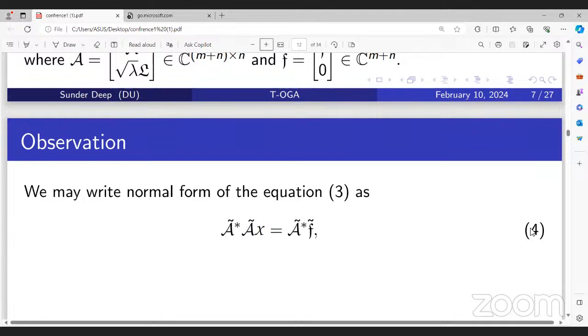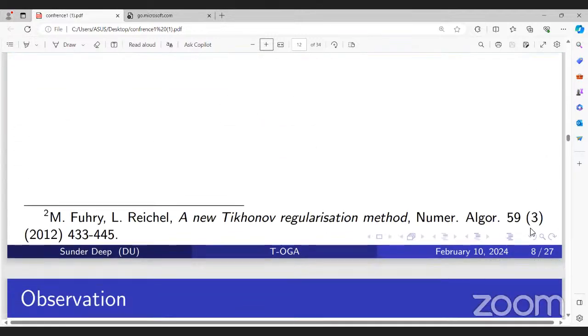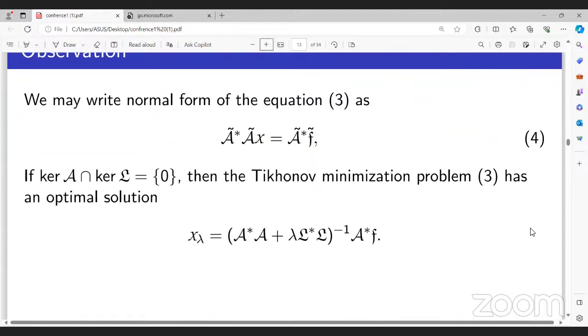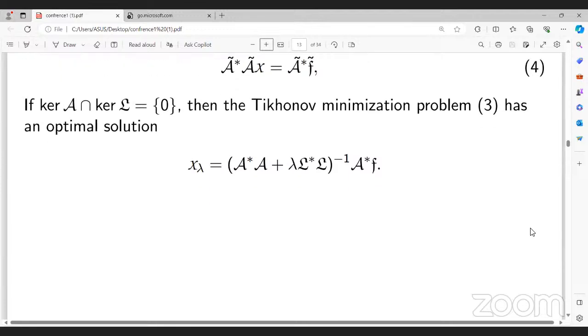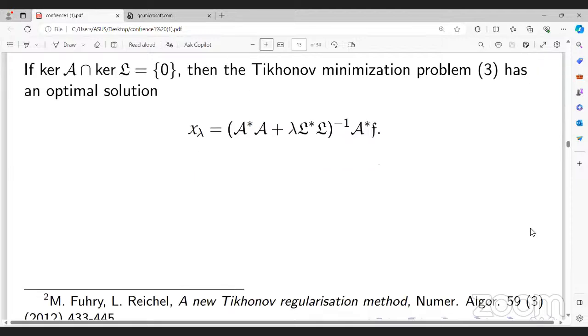So we may write the normal form of the above equation as A tilde star A tilde x equals A tilde star f tilde. If the kernel of A is disjoint from the kernel of L, then the Tikhonov minimization problem has an optimal solution x lambda, defined as x lambda equals the inverse of A star A plus lambda L star L, times A star f.